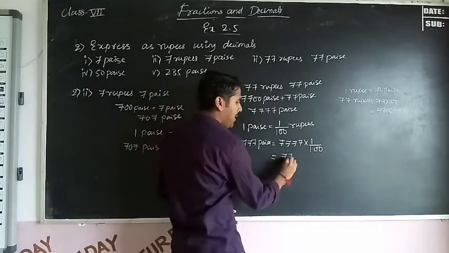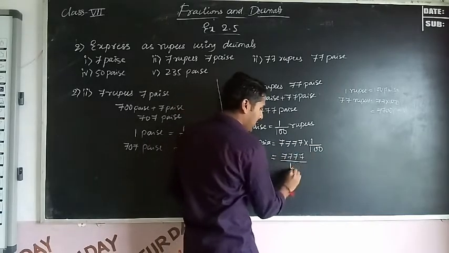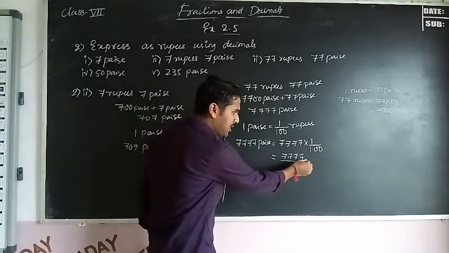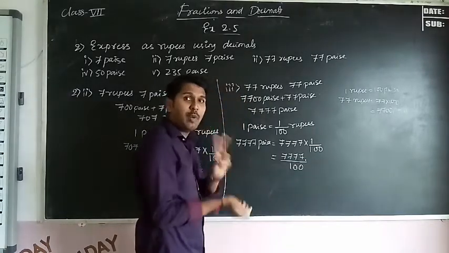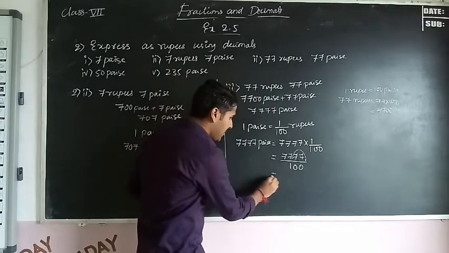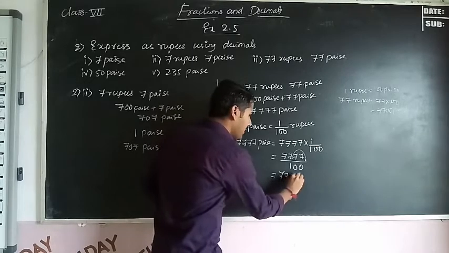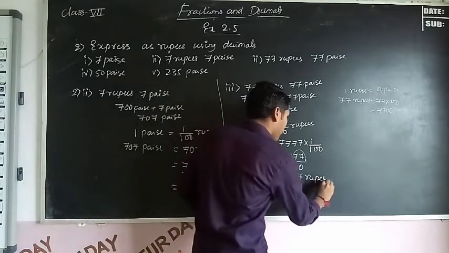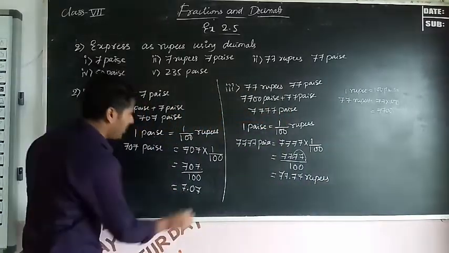First multiply. After that, here how many digits? 2 digits. That means shifting this decimal point to the left side by how many places? 2 places. So after shifting, the answer is 77.77 rupees. This one is in rupees.